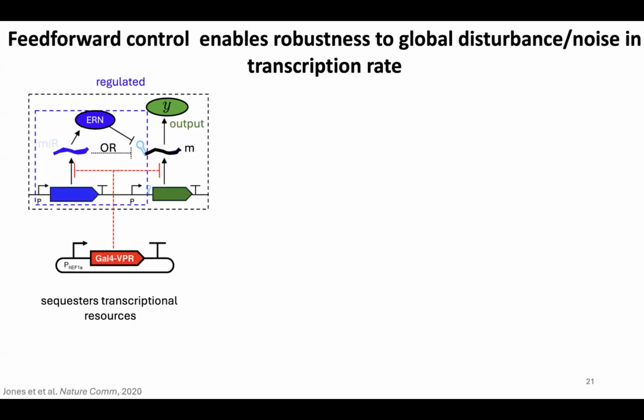So going back to applying our disturbances to the transcription rate of the system, we again expressed GAL4-VPR, which is sequestering transcriptional resources from the two transcriptional modules here.